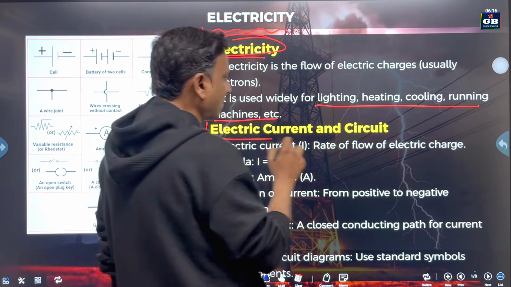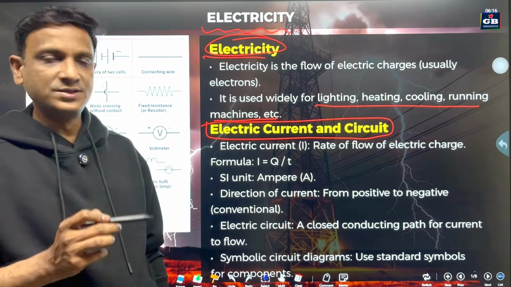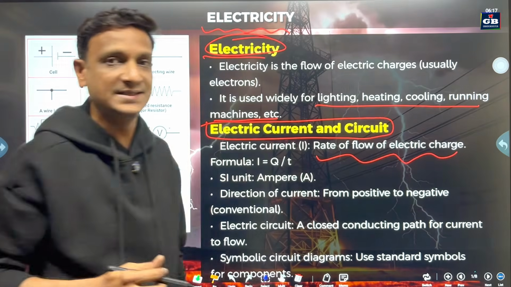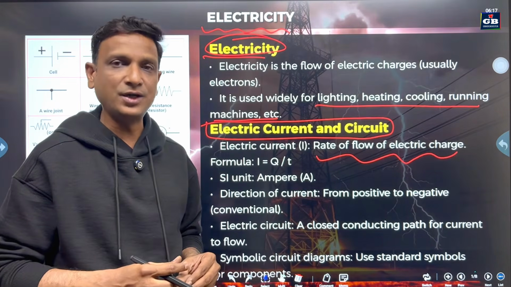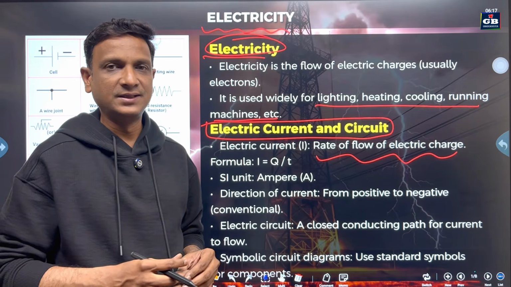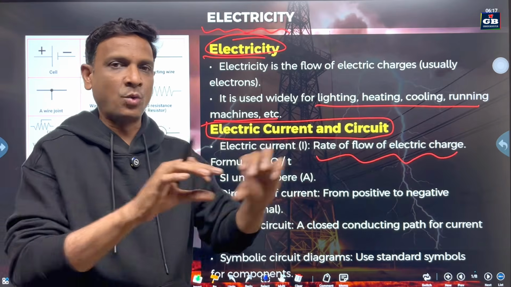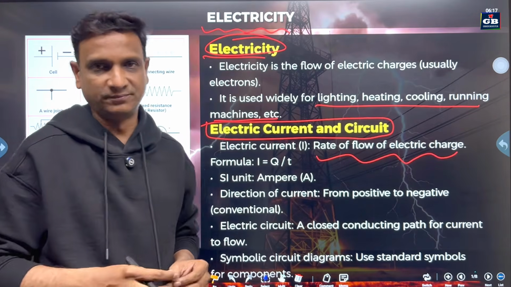Now let us understand what is electric current and circuit. What is electric current? The rate of flow of electric charge is electric current. For example, you have taken a 1 meter pipe, and some water is flowing in this pipe.